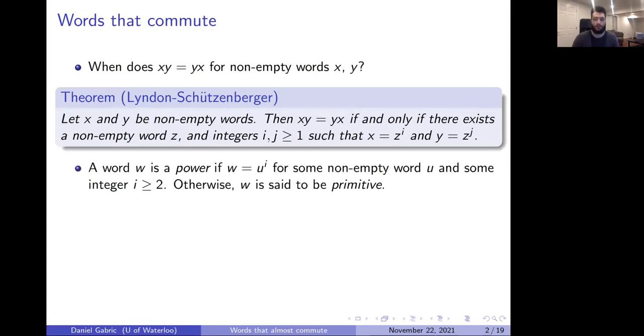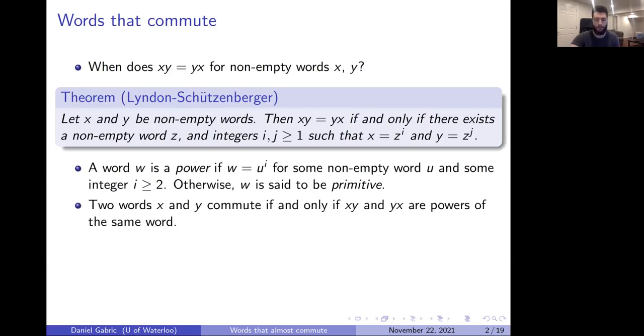So a word w is a power if w is u^i for some non-empty word u and some integer i greater than or equal to 2. Otherwise, w is said to be primitive. So if you go back to the theorem of Lyndon and Schützenberger, we see that two words x and y commute if and only if xy and yx are powers of the same word.